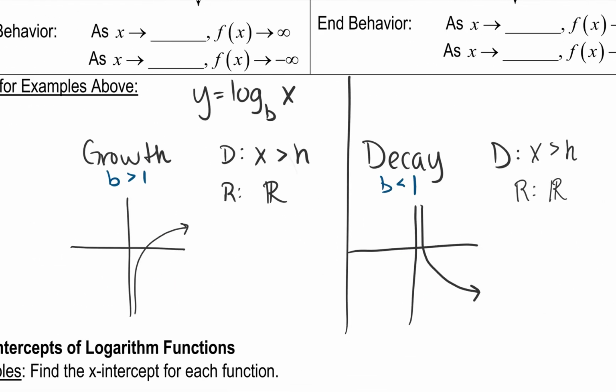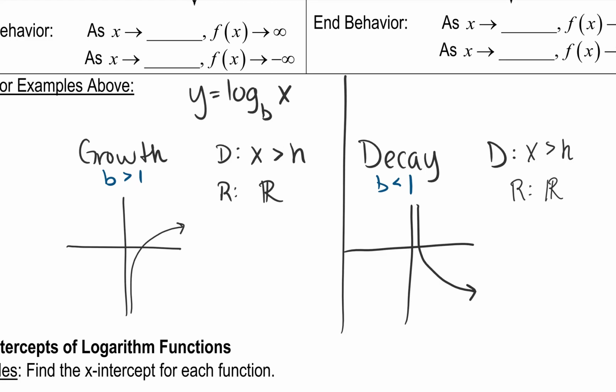Alright, then the last thing we're doing right here is end behavior. So I have x approaches positive infinity, f of x approaches. So again, if I'm growing, as I'm going to positive infinity, I should be going to positive infinity. That makes sense. And then as x goes to negative infinity, instead of k, remember last time it was k, well now it's inverse. So we've been using h.